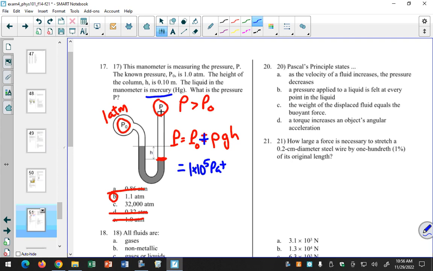It's mercury, so you look on your equation sheet, there'll be a table with some densities, and 13,600 is the density of mercury, times g, which is 10, times h, which is this distance, 0.1, and I get 1.1 atmospheres. It's actually 1.14, but 1.1 atmospheres.